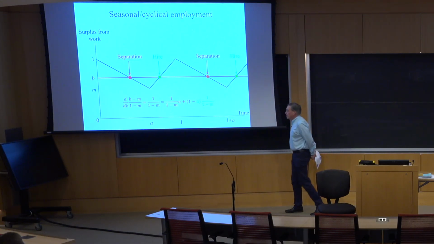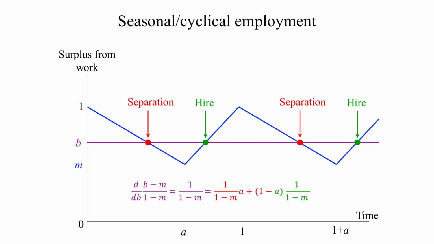I broke it into pieces. And the first piece reflects the effect of the benefit on separations. And the second piece reflects the effect of the benefit on hires. So this is one of the principles that Murphy has mentioned many times, that people respond on multiple margins. And in this little model so far, we have 2 margins.